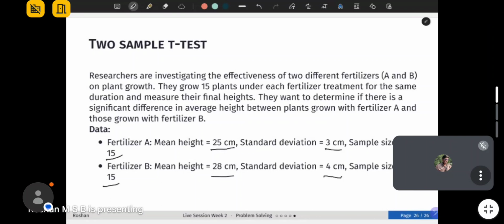You have data: x bar 1, x bar 2, sigma 1, sigma 2, n1, n2. We can take alpha 0.05.